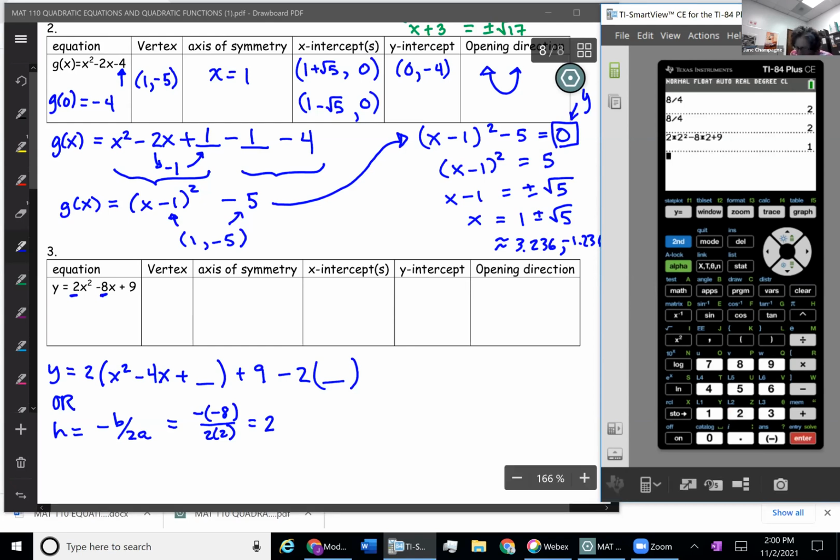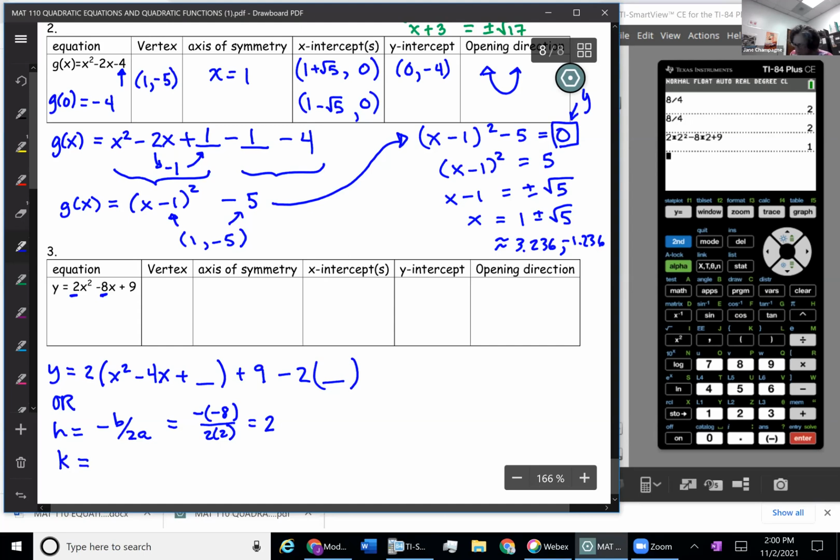So k is 1. So that's your vertex, 2, 1. So completing the square is kind of yucky. All right, so now for the axis of symmetry, that's always x equals h.